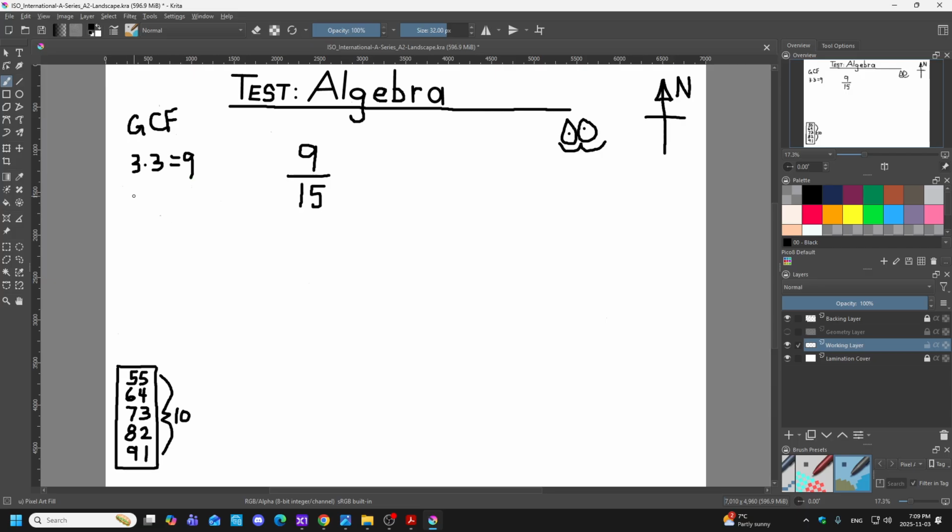In turn, we also know 3 times 5 equals 15. Therefore, our common number between the numerator and the denominator is 3.